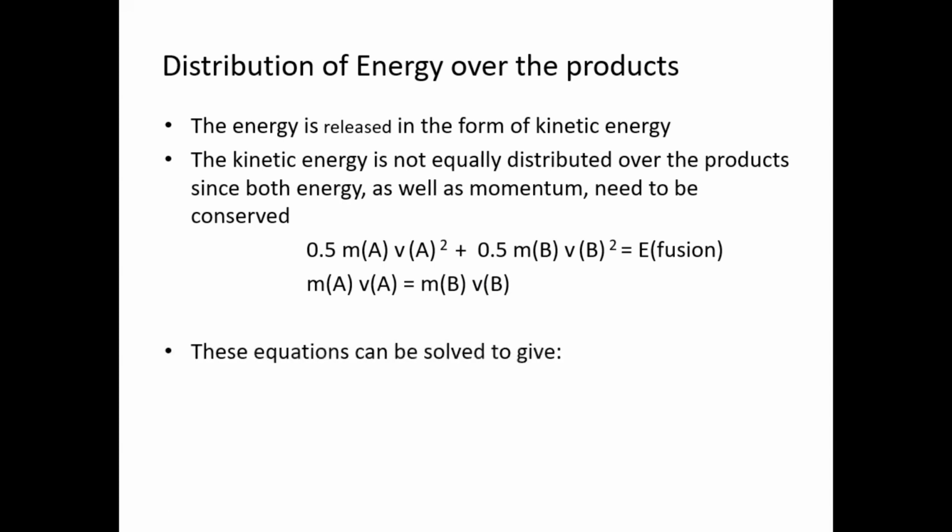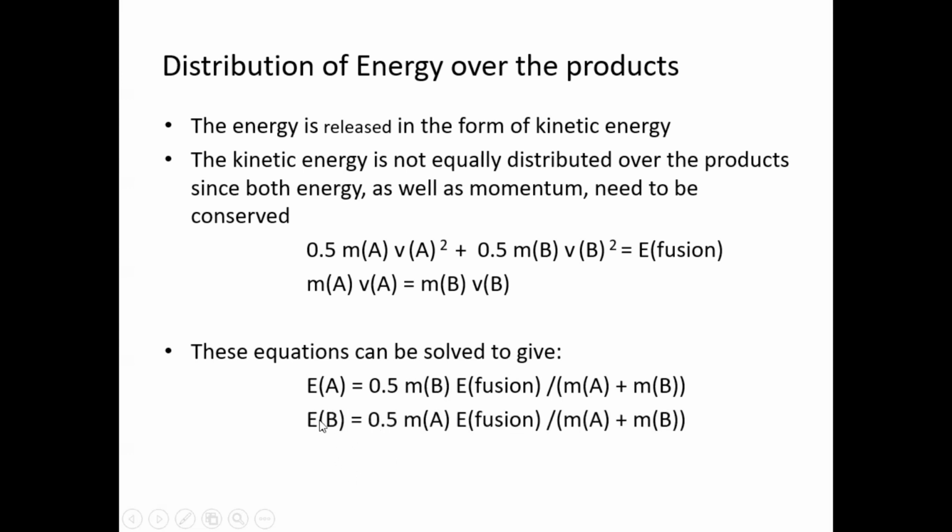If we use these two equations and solve them simultaneously, we find the energy given to A is 0.5 times the mass of B times E fusion divided by the total mass of A and B. So the energy given to A is actually the fraction in terms of the mass of B. Similarly, the energy given to B is in terms of the fraction of mass A divided by the total.